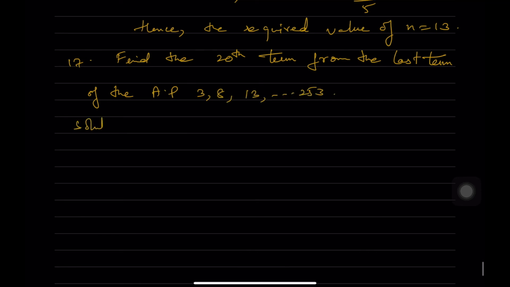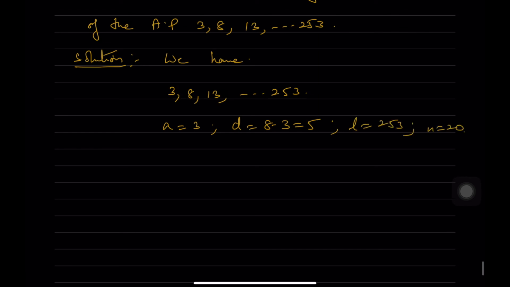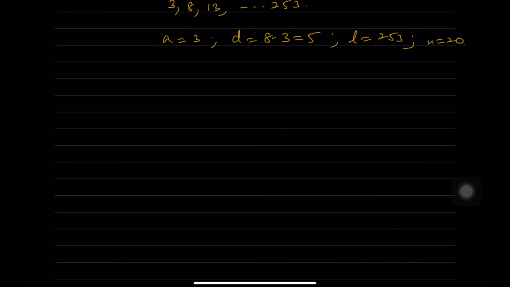So solution for this is, we have 3, 8, 13, so on up till 253. Here A is equal to 3, D is equal to 8 minus 3, which is equal to 5. The last term is equal to 253. N is equal to 20. So now we have to find out the nth term from the end.